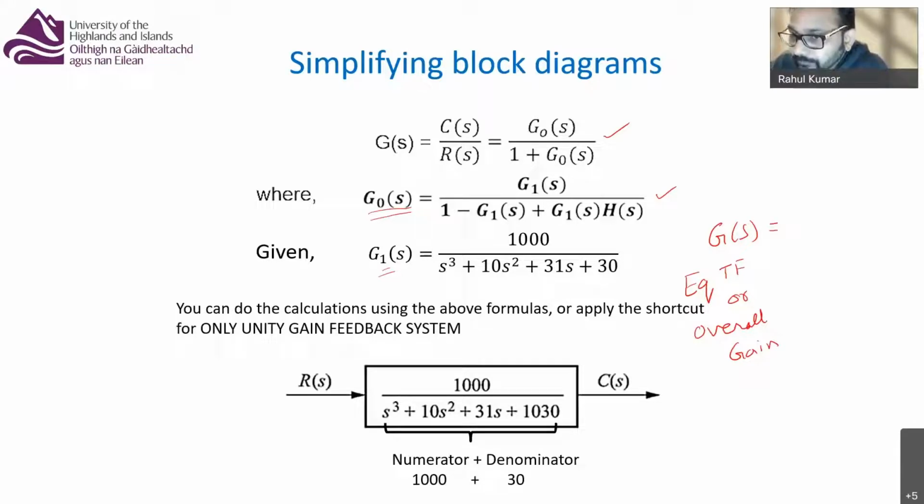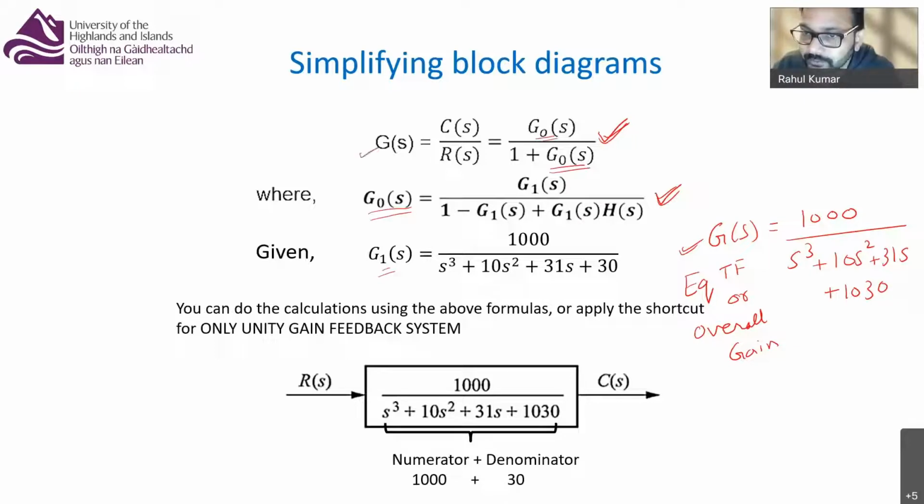That will come out to be 1000 divided by s to the power 3 plus 10s square plus 31s plus 1030. So this will be the answer after using the two formulas. First you calculate G0, substitute the value of G0 here, and then calculate your G of S.